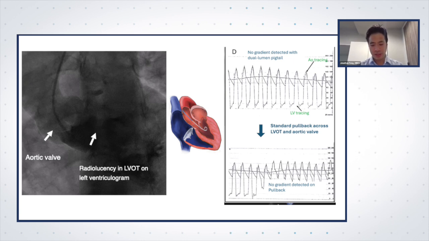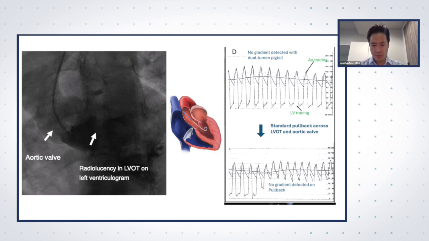This was similar to a previous catheterization result. So we can see here the aortic tracing and the left ventricular tracing, and there was no gradient. And then we did a pullback at standard speed, and even on pullback, we didn't find any gradient at all. So we were convinced that there was something there, but we couldn't find a pressure gradient.